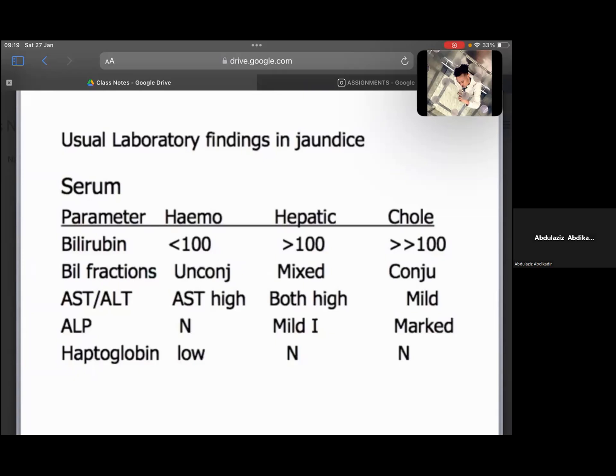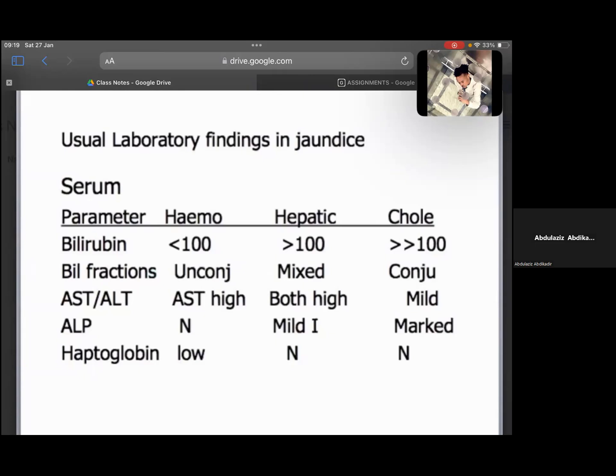So for the hemolytic, it's normally unconjugated. For the hepatic, everything is mixed. But I want you to focus on the hemolytic. We make differences between the hemolytic and cholestasis, because this is a common question you'll be asked: describe the urinary findings, what will you find here, what will you find there.